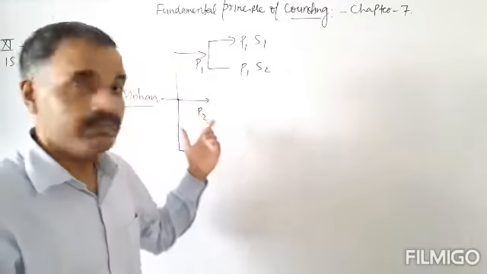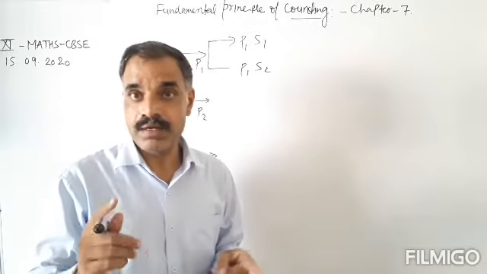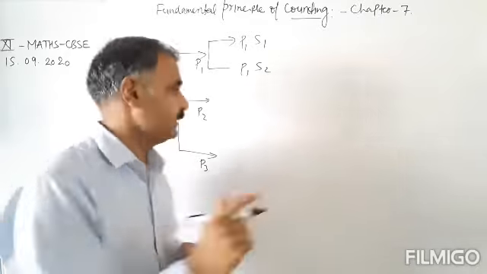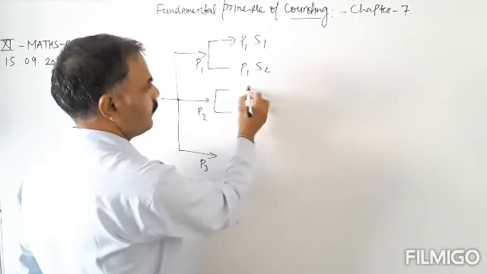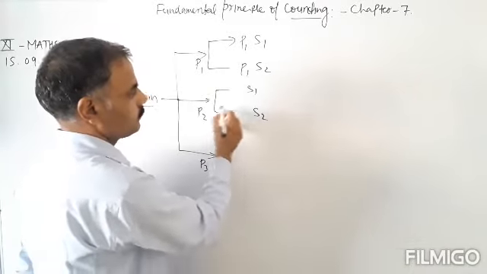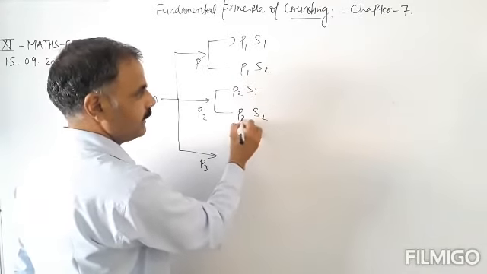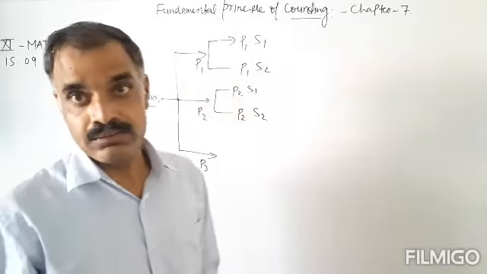Now with the second pant he also has 2 choices, shirt 1 and shirt 2. So pant second and shirt first, and pant second and shirt second.